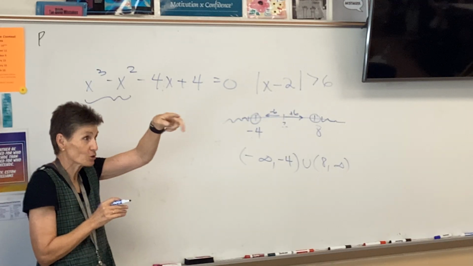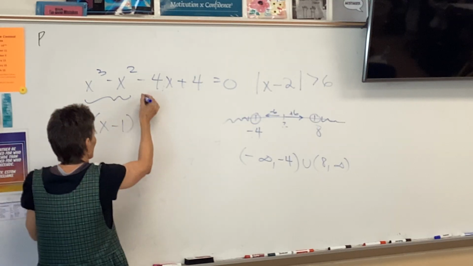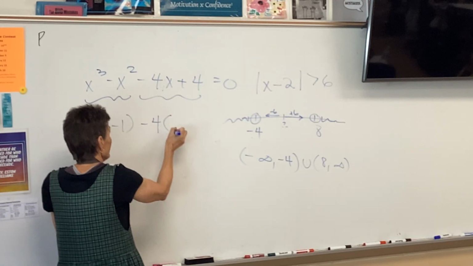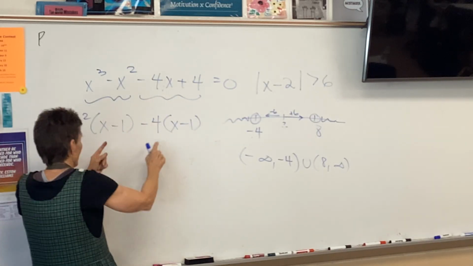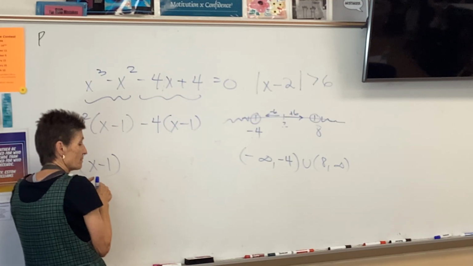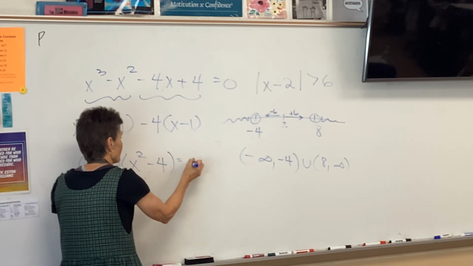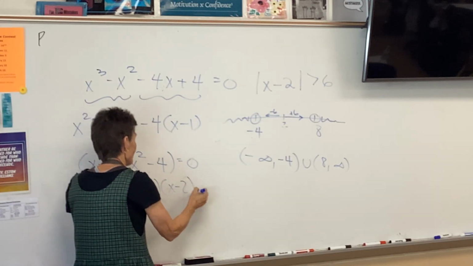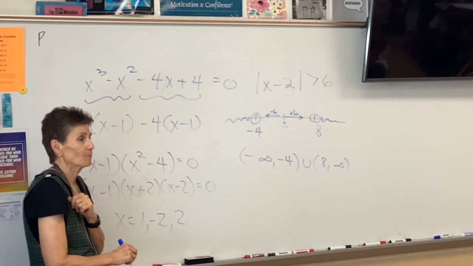If I look at only the first two, so x squared, x minus 1. The parentheses. Distribute. GCF here would be -4, x minus 1, because I took out a -4. Luckily, these match. Don't square it, just write it down. And then I have x squared minus 4. It's gonna be 2 factors, plus 2 minus 2. This whole chapter is for this. So what are the answers? Negative 1, 2, plus or minus 2.